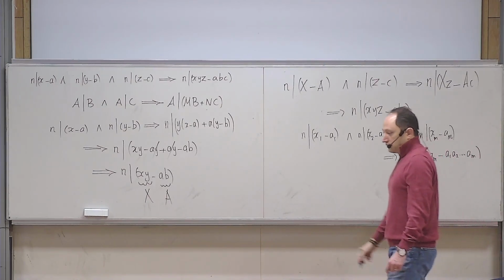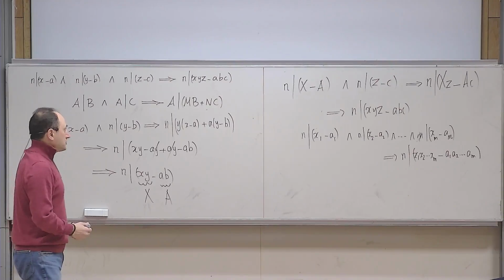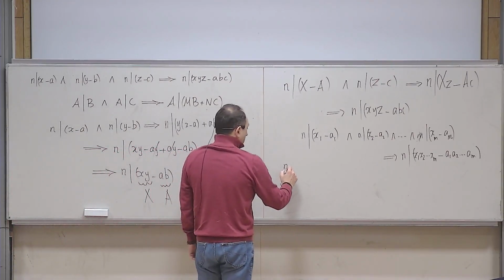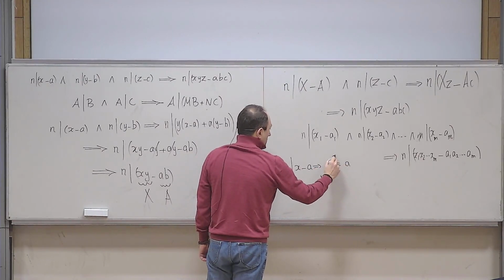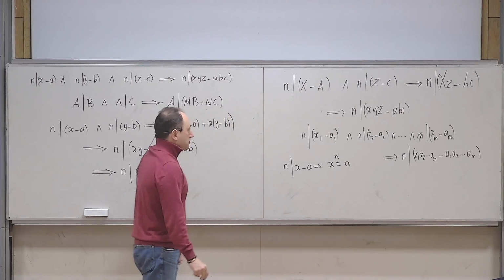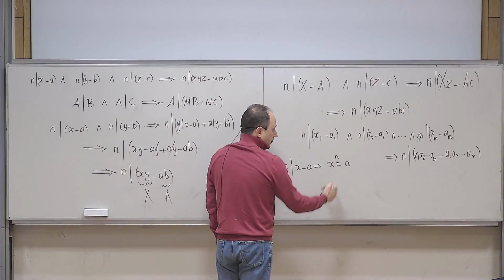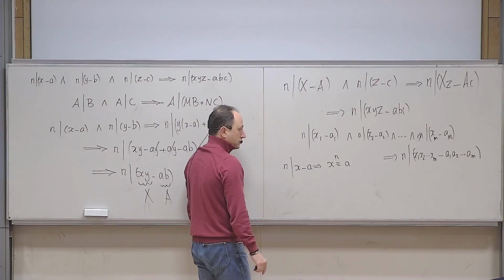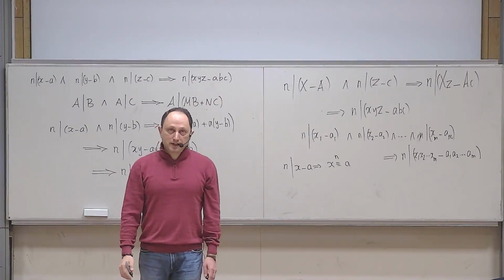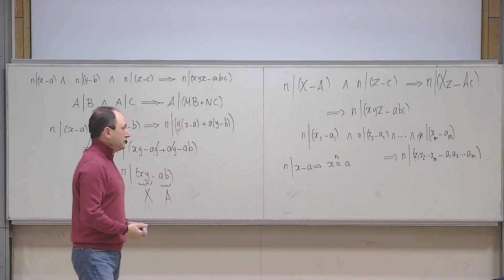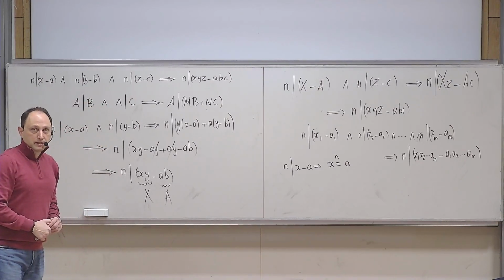As I told you, if you know modular arithmetic, this is more or less obvious. When you say that n divides x minus a, this means that x is congruent to a modulo n. And we have a theorem that if we have two congruence relations, then we can multiply them side by side and it is still valid. So that is more or less the same theorem expressed in the language of divisibility.